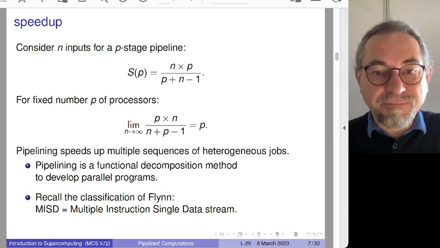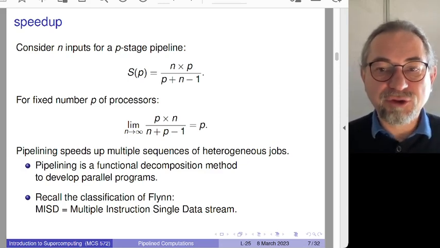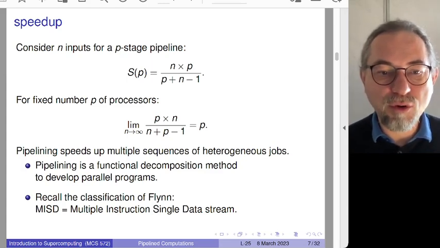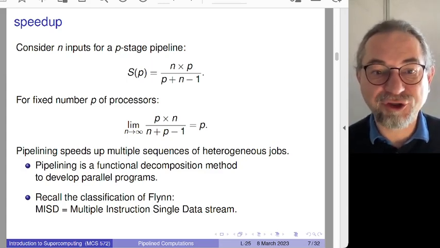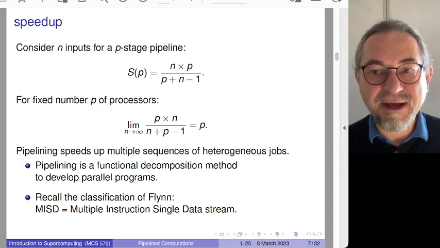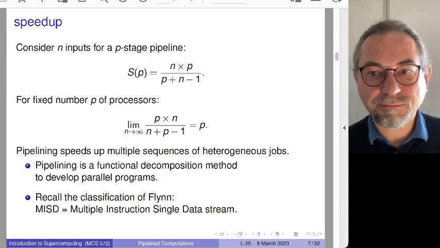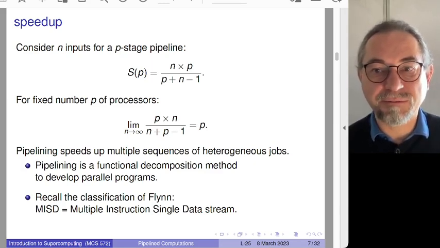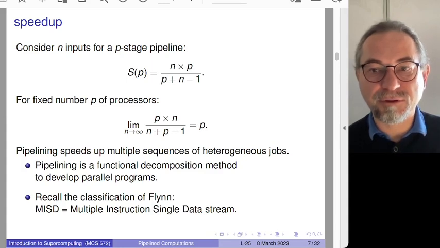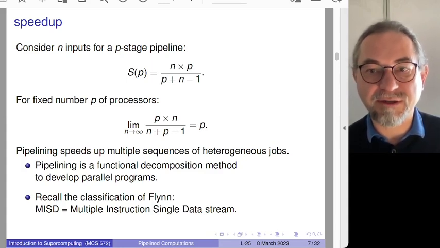So it's called a functional decomposition method to develop parallel programs. In Flynn's classification, we have one single data stream but multiple instructions. So quite different from single instruction, multiple data from the GPU acceleration.